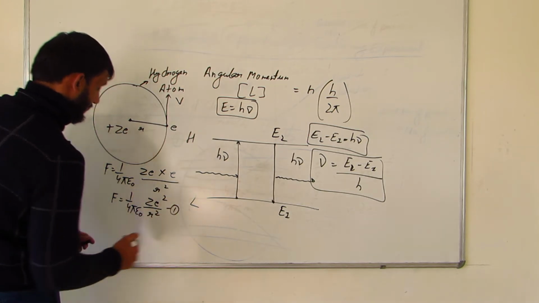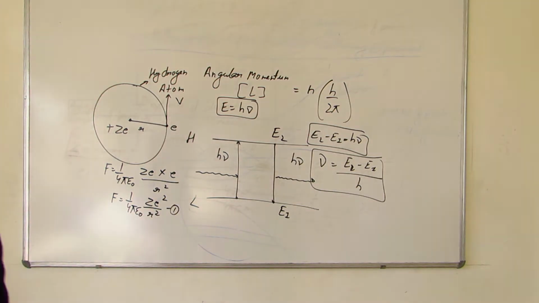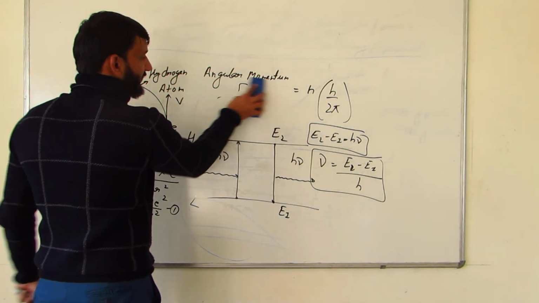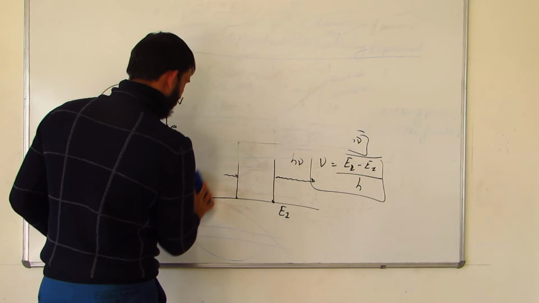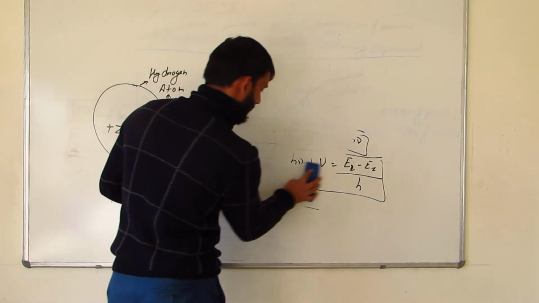This is the first equation. Now guys, you know that as this electron is revolving around the nucleus in a spherical path, it cannot revolve on its own. For revolution you need something known as centripetal force, and that centripetal force cannot be generated on its own. Some force has to generate it.